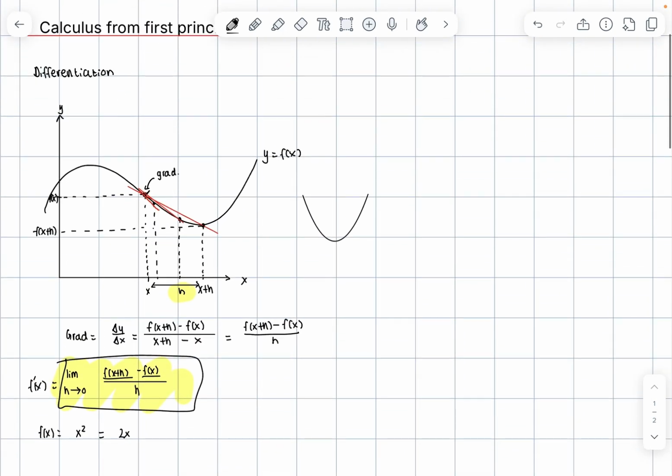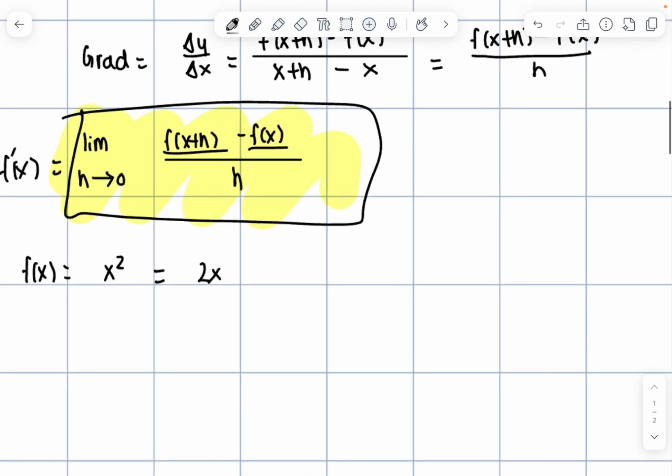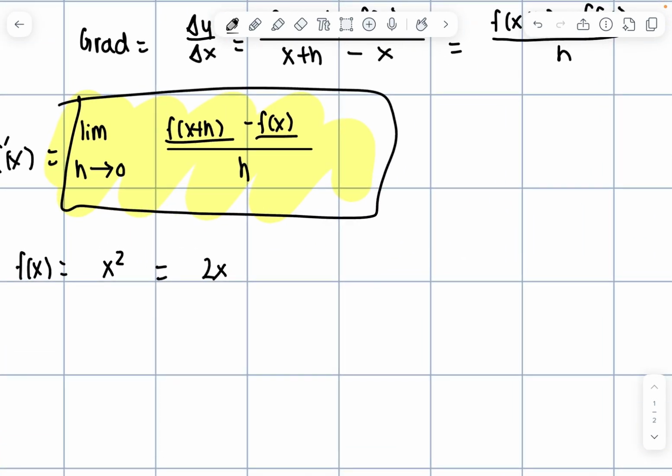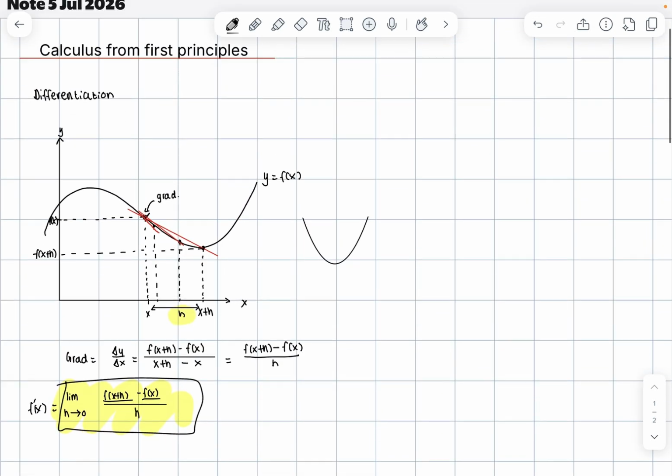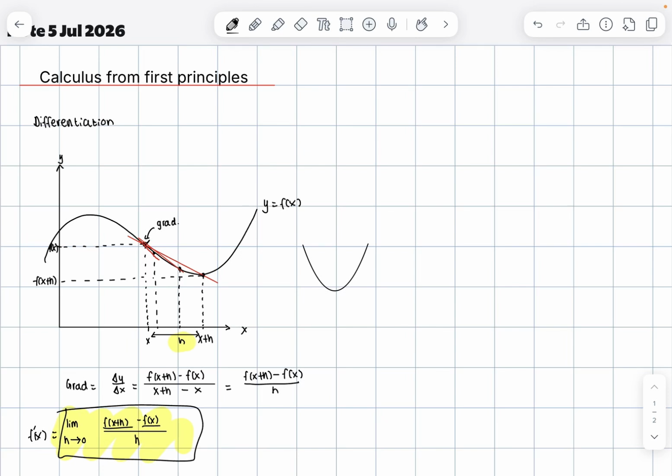In some of my other videos I'll start showing simple polynomials using this definition where the derivative comes from. I'll also be looking at sine of x, cosine of x, e to the x, and the natural logarithm of x, maybe some other ones as well, but that is the derivative definition from first principles.